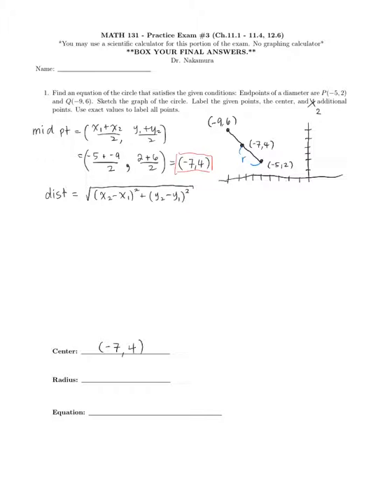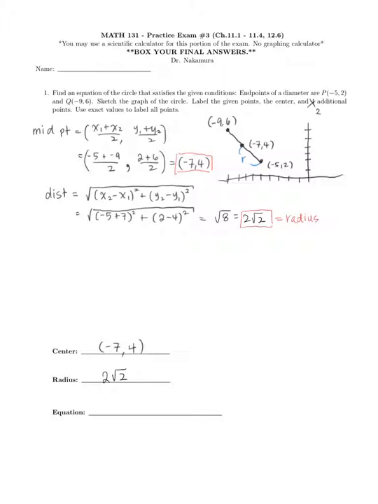I'm just going to plug in these values: negative 5 plus 7 squared plus 2 minus 4 squared, whole thing square rooted. So what do we get? 2 squared plus negative 2 squared, so the square root of 8, which is 2 root 2. So the distance from the center to negative 5, 2 is 2 root 2, and our radius is going to be that value. Let me just write it out on the answer box.